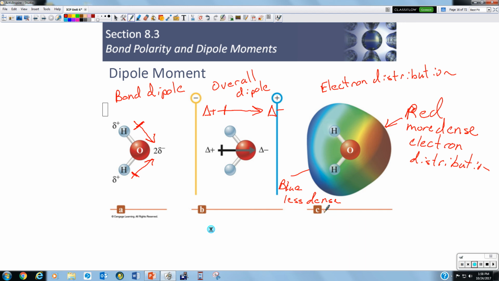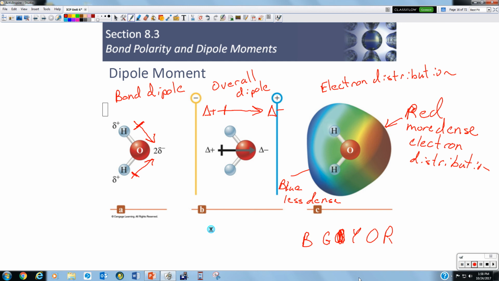And all they did with this electron distribution is use the color spectrum: red, orange, yellow, green, and blue, because the blue happens to be on this side.